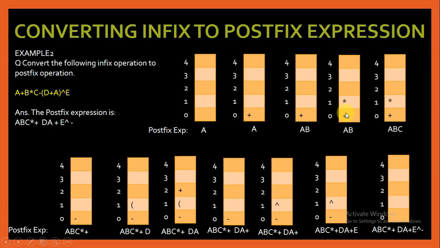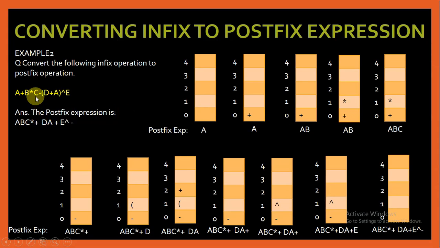In mathematical expressions, the topmost priority is caret, or the power sign, then multiply and divide at the same priority, and after that plus and minus at the same priority. So multiply has more priority than plus, so it will simply be pushed into the stack.